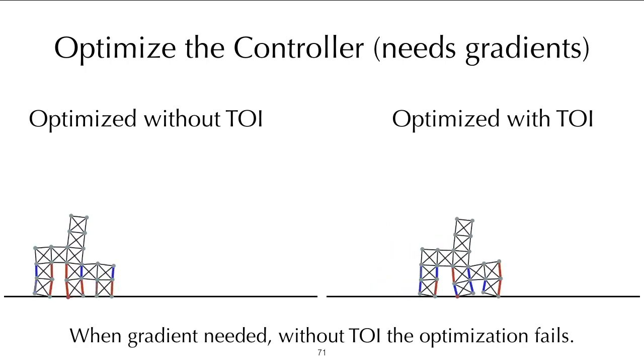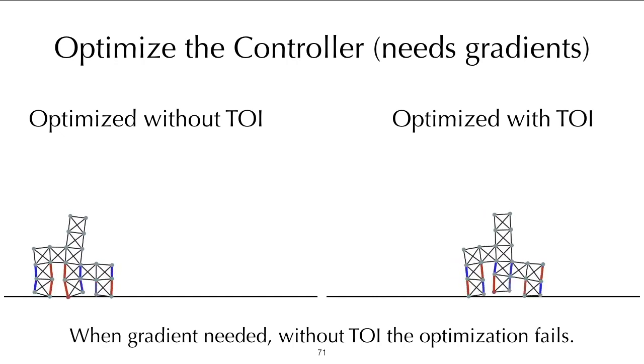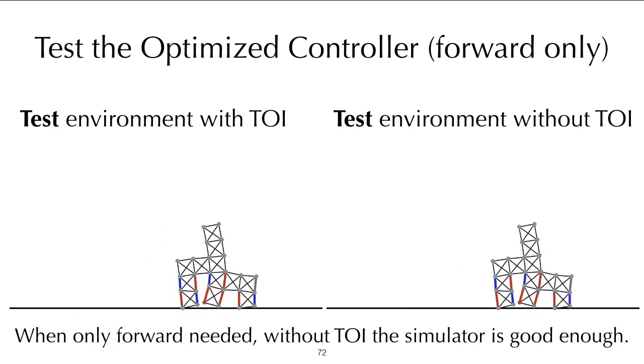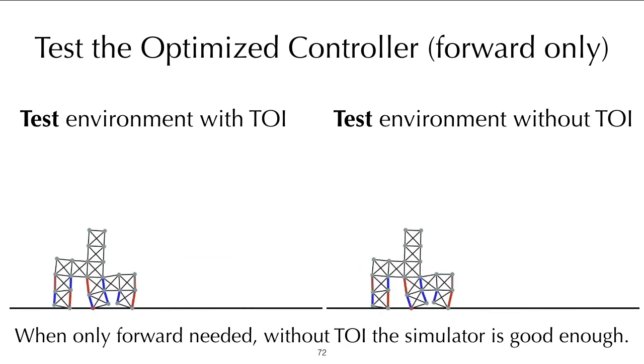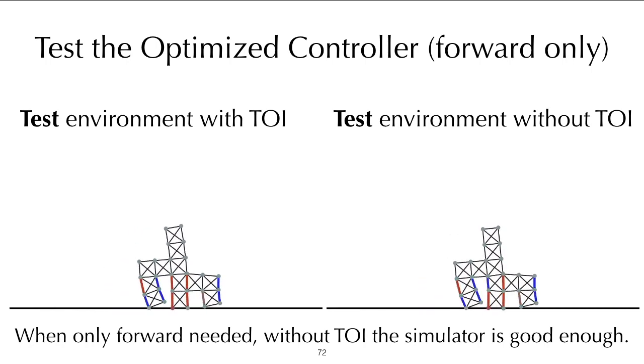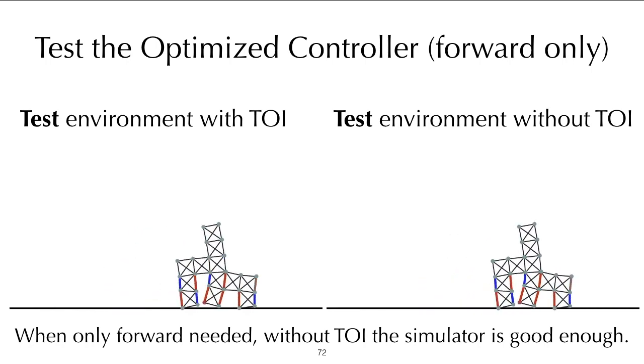Here's a visual comparison of optimizing with and without time of impact. As you can see, without time of impact, the robot doesn't move at all. What if we still use TOI for training, but we disable TOI for testing? The robots still work. So the funny thing is that when only forward is needed, without time of impact, the simulator is already good enough.